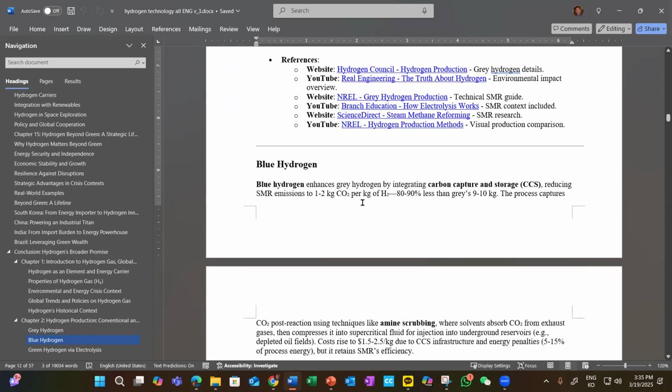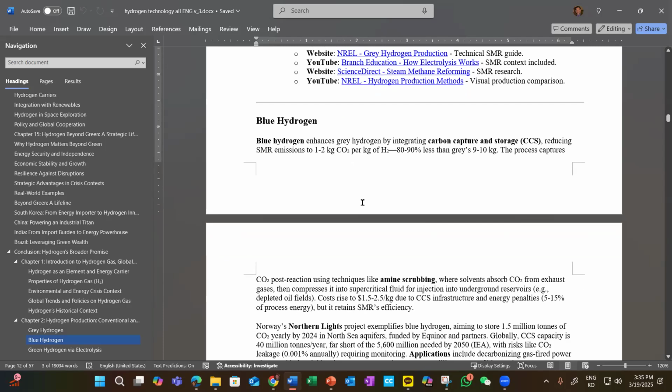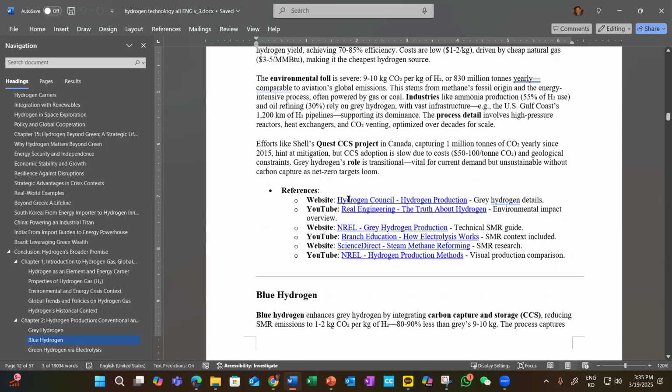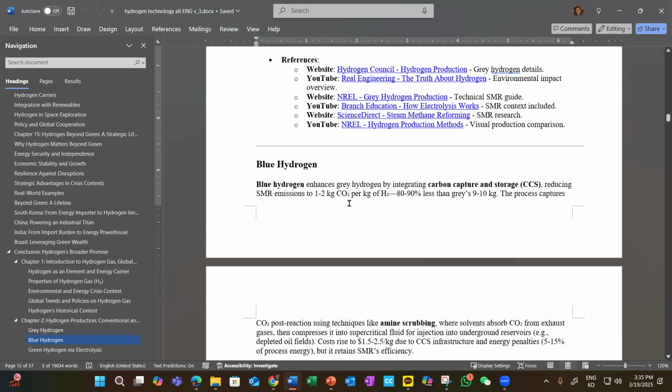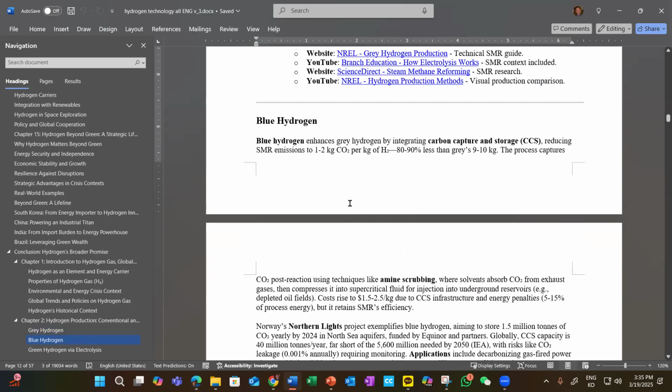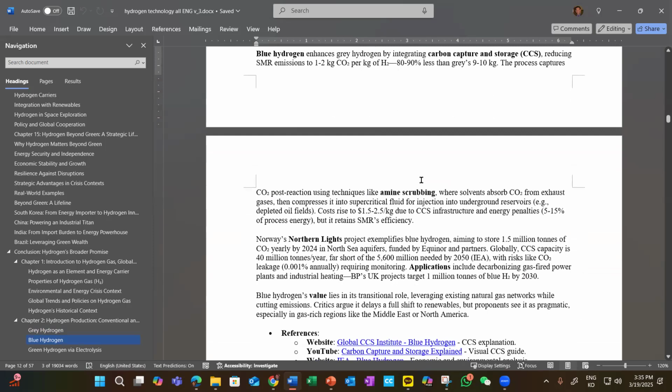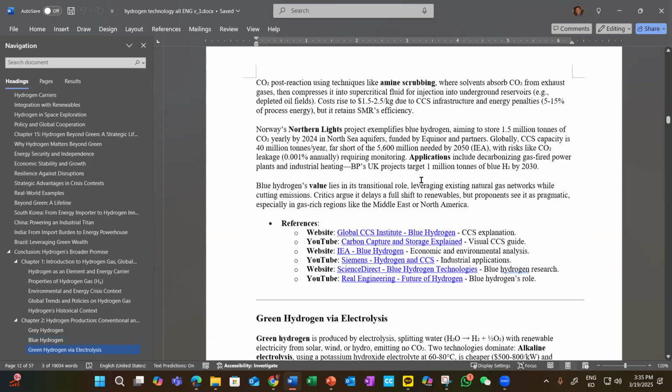So this causes much less CO2. Blue hydrogen is certainly much better than gray hydrogen. Again, gray hydrogen can cause CO, but for blue hydrogen, we have to have another methodology. It's called CCS or CCUS.